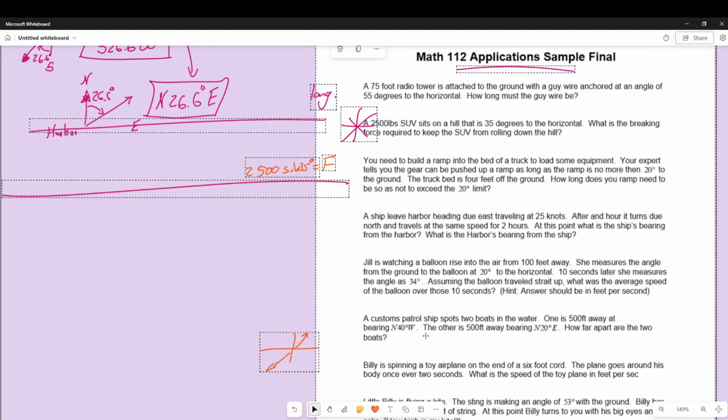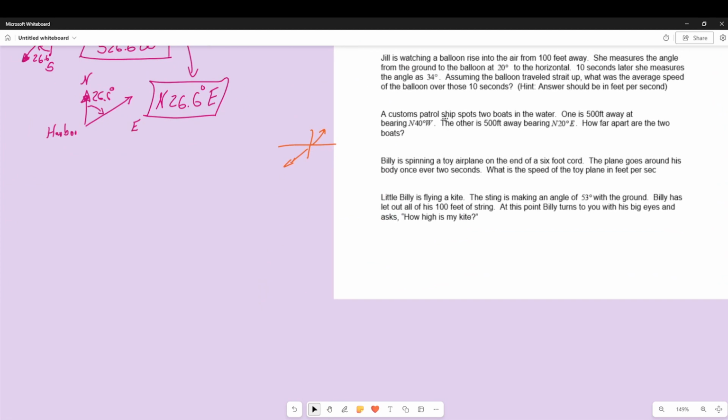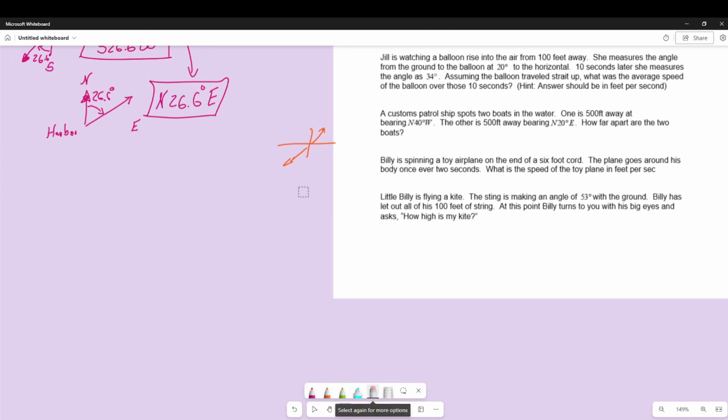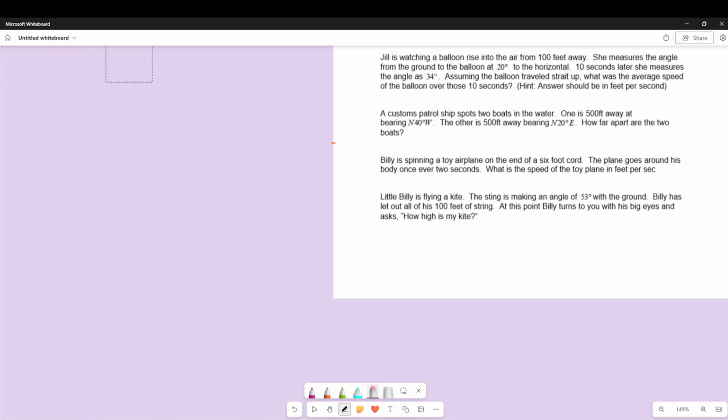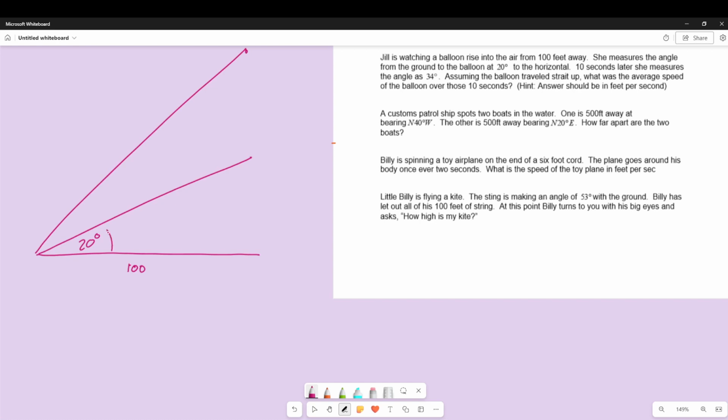Okay, ramp ship. So we're at Jill and her balloons. Jill's watching a balloon rise into the air from 100 feet away. You had a version of this problem a little bit earlier. She measures the angle from the ground to the balloon at 20 degrees. 10 seconds later, she measures the angle at 34 degrees.